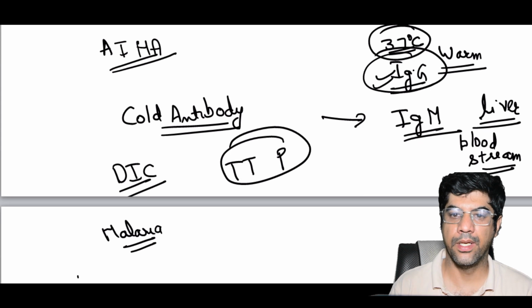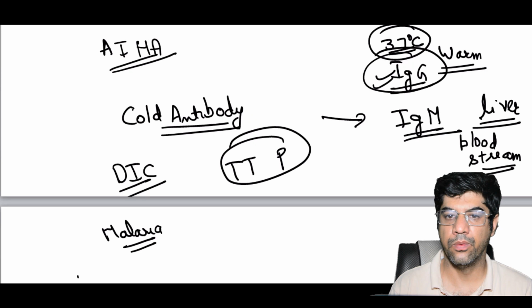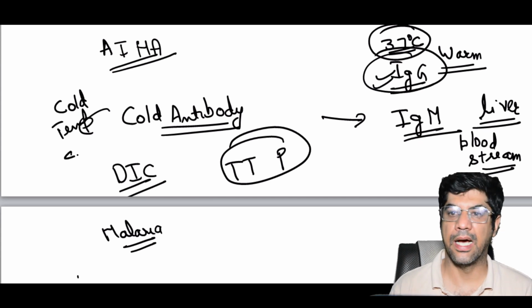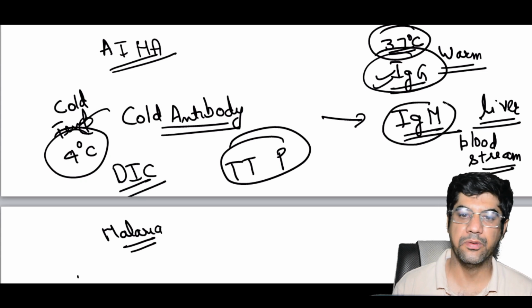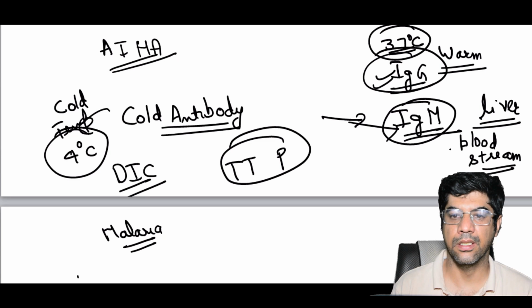Whereas in cold antibody autoimmune hemolytic anemia, autoantibodies react better at cold temperature, usually at 4 degrees Celsius, and it consists typically of IgM type. Other can be drug induced. Drug-induced occurs when medication triggers the immune system to attack the RBC.